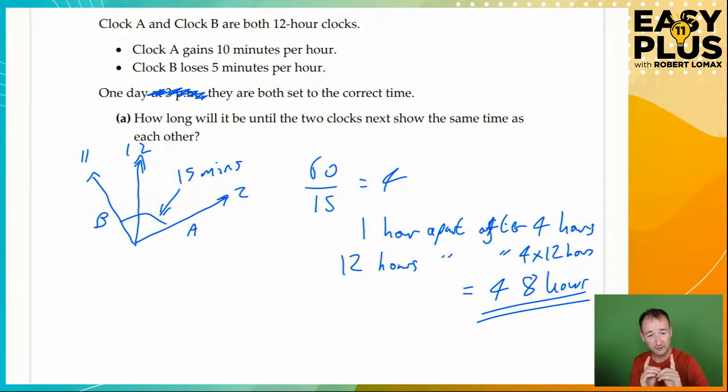So after 4 hours, they're 1 hour apart. We know they'll show the same time when they're a whole 12 hours apart, because that's the same as not being apart at all on a normal clock face. So we just need to times that by 12 to give us 48 hours.